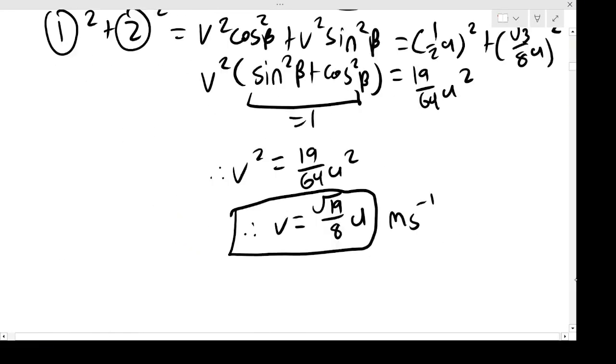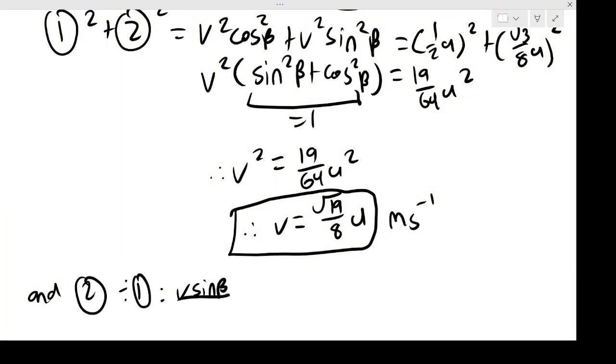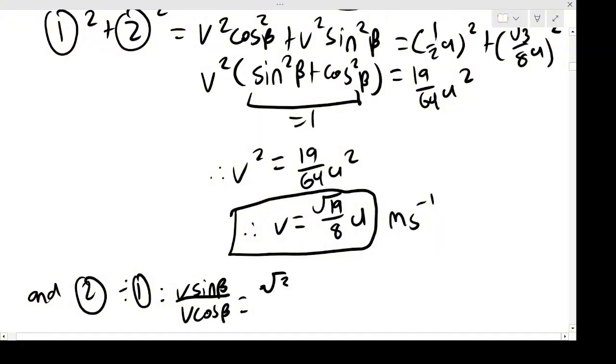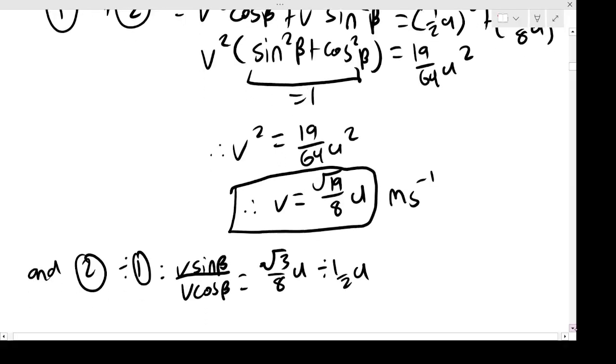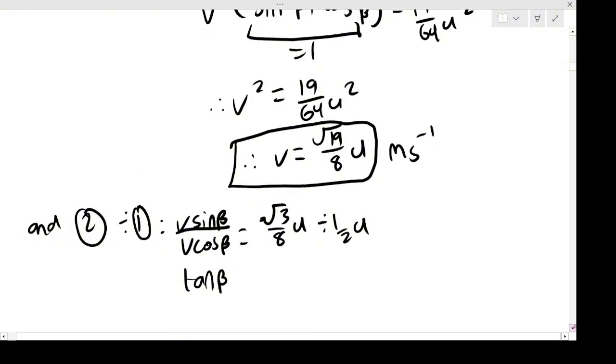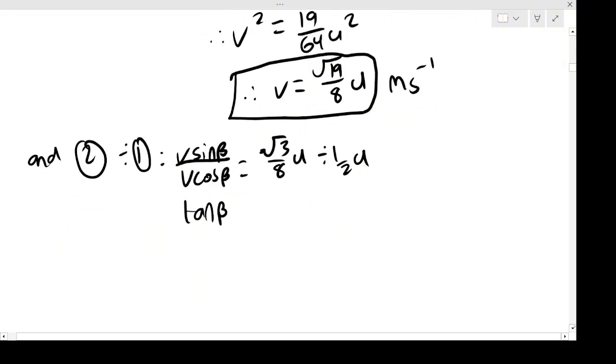So that's going to get me v sine beta over v cos beta. And so that's going to be root 3 over 8u divided by a half u. And so actually that will simplify to tan beta. Make sure you're happy with that simplification, right? Because sine over cos goes to tan.